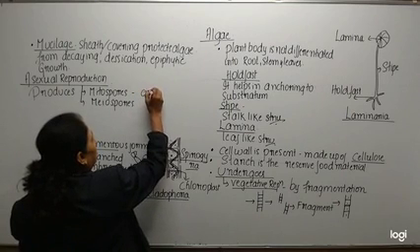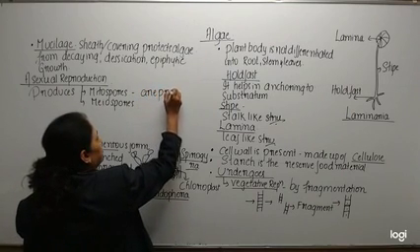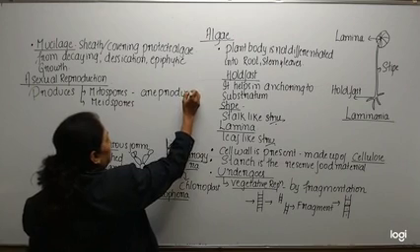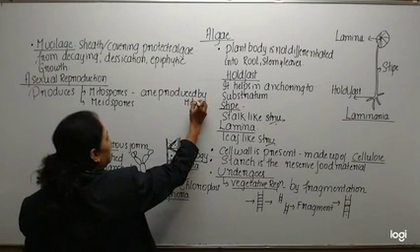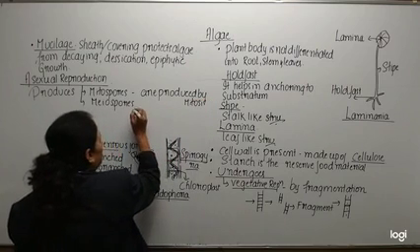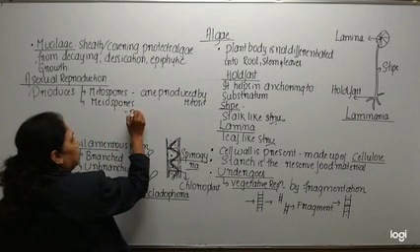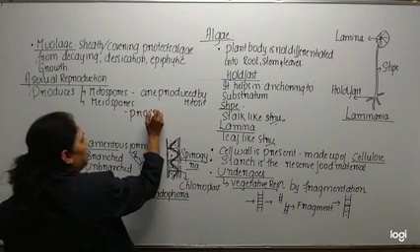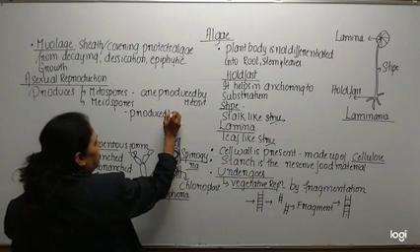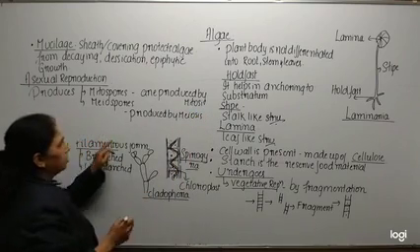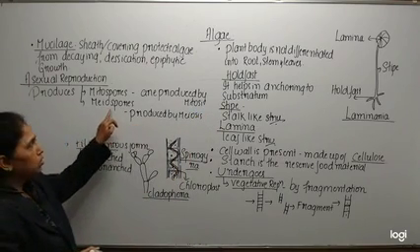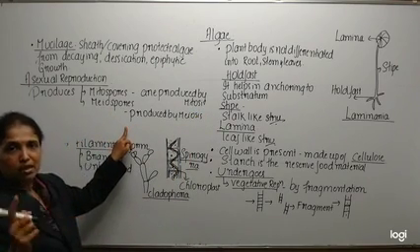Mitospores are produced by mitosis, the resultant product of mitosis, and meiospores are produced by meiosis. When there is meiosis, the resultant spores are haploid.